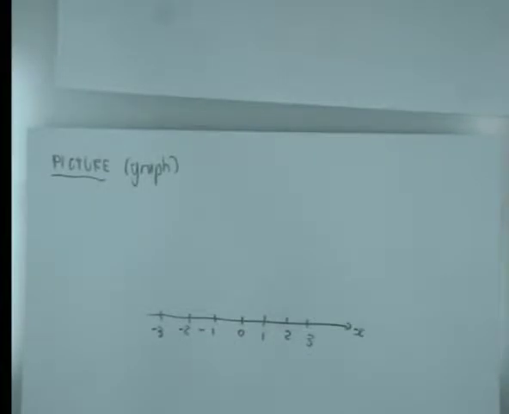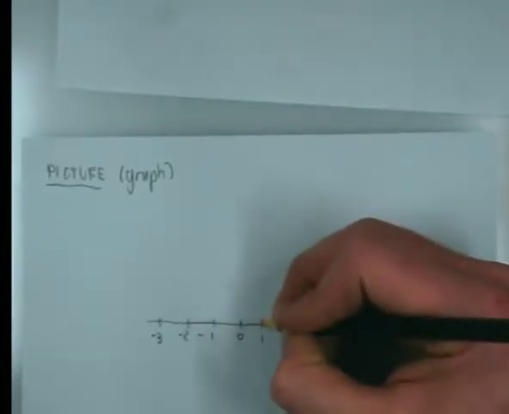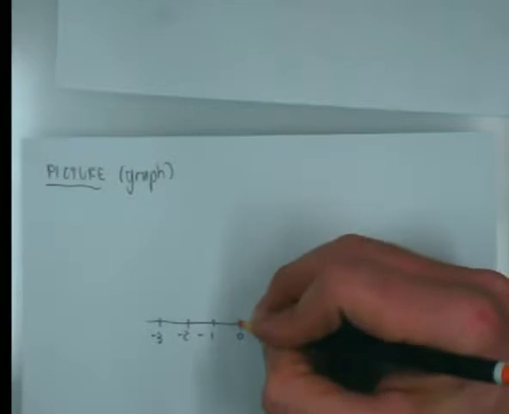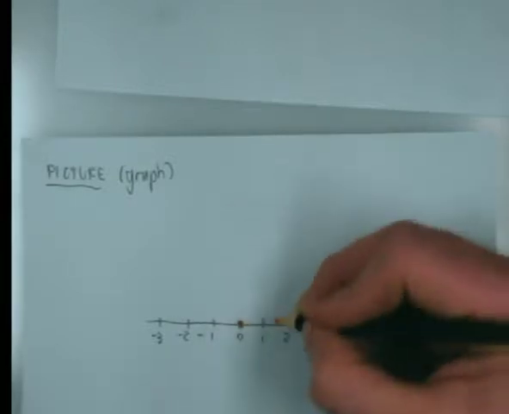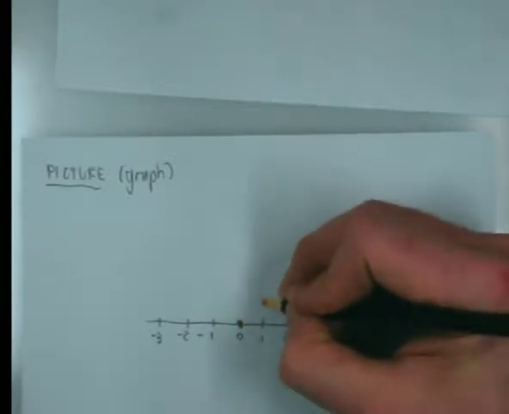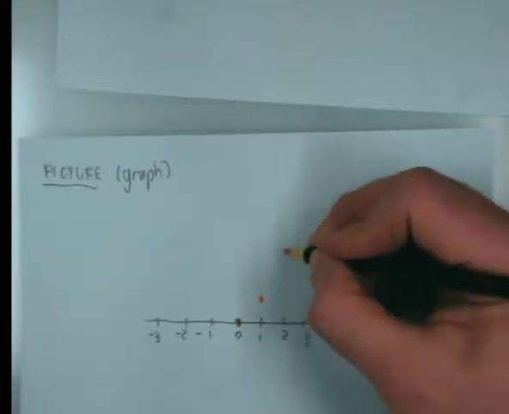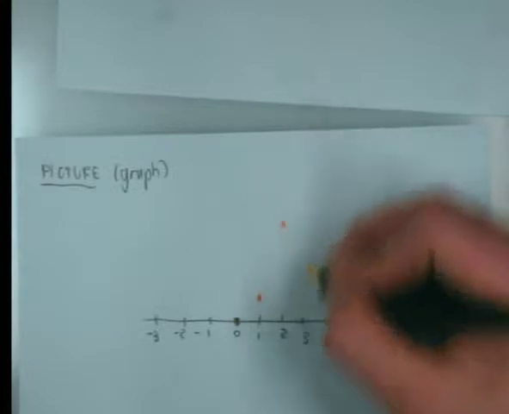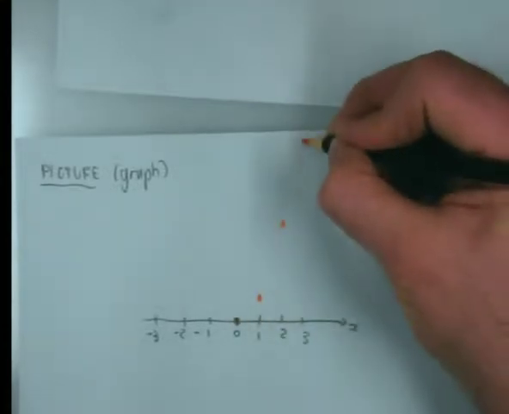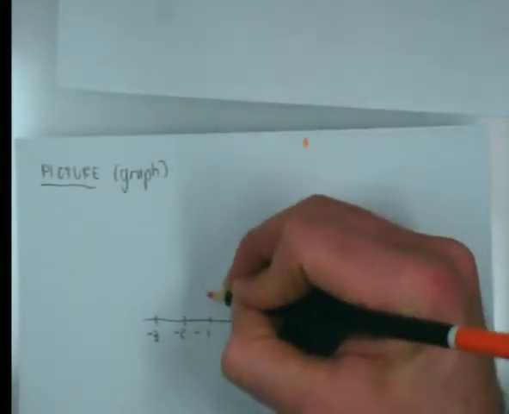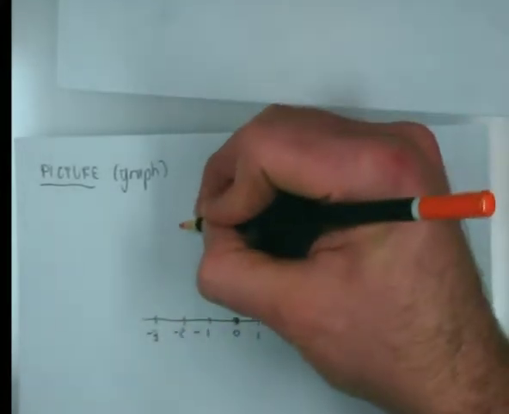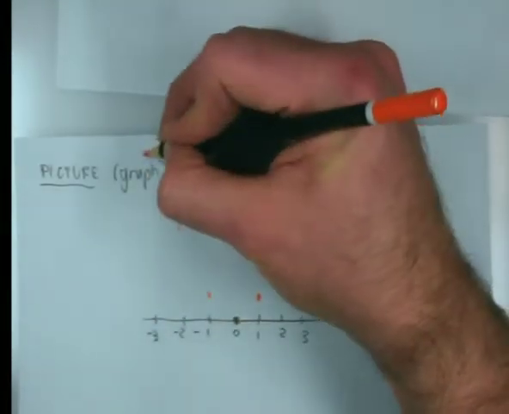So the answer for this is 0, so I will go up 0 and put a dot there. The answer for this is 1, so I'll go up 1 and put a dot there. The answer for this was 4, I'll go up 4 and put a dot there. The answer for this was 9, I'll go up 9 and put a dot there. And the answer for this was 1, the answer for this was 4, the answer for this was 9.